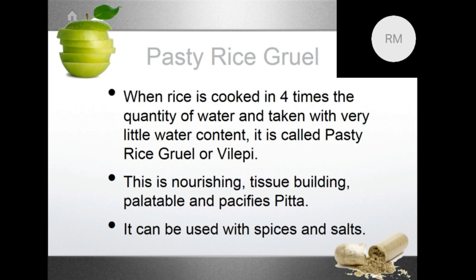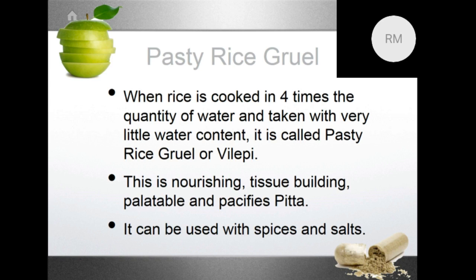And when we use 4 times the water, we get pasty rice gruel. So 14 times water, 6 times water, and 4 times water. These are the different ways in which we can use the proportion.